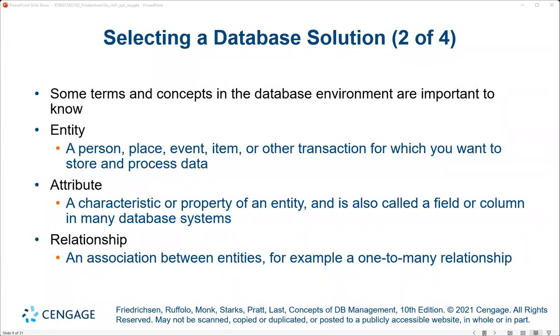Because they're one within the client table, but they're going to have multiple projects and multiple estimates. So it's going to be many within the projects estimate table. So that's a one-to-many relationship.